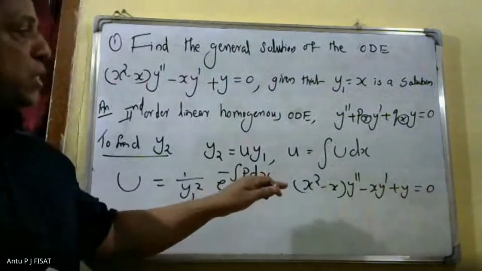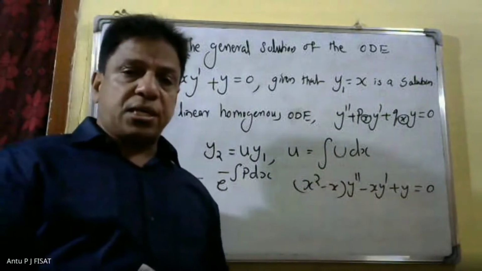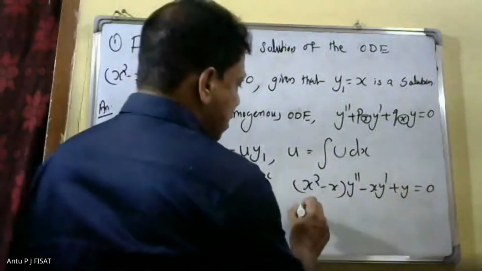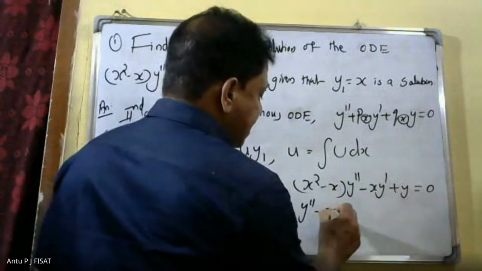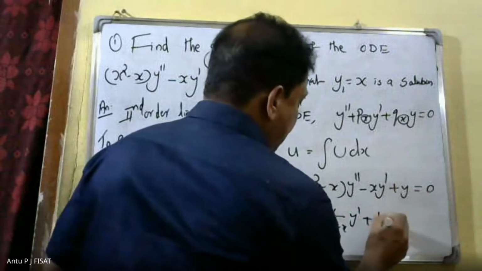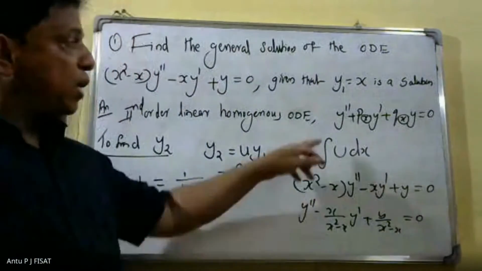First, we convert this into standard form. For that, divide the equation by x² − x. Then we get y'' − x/(x² − x) y' + y/(x² − x) = 0. This is the standard form.